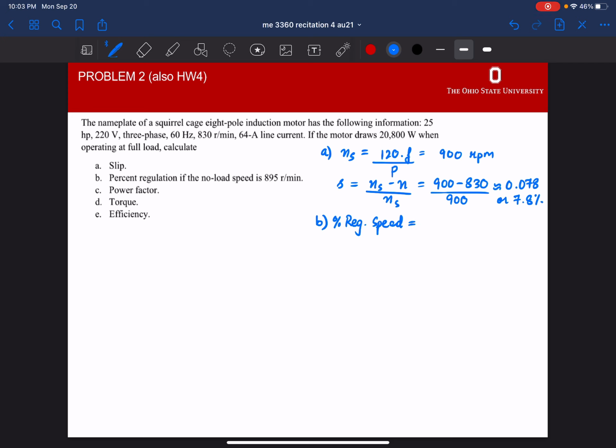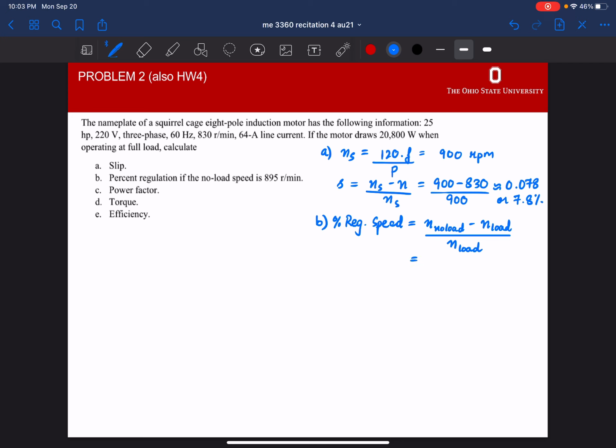So the formula for this is given such that it is the no load speed minus the load speed divided by the load speed.